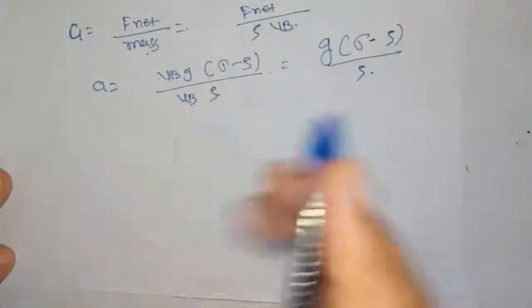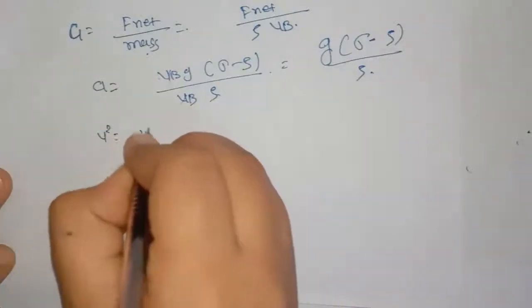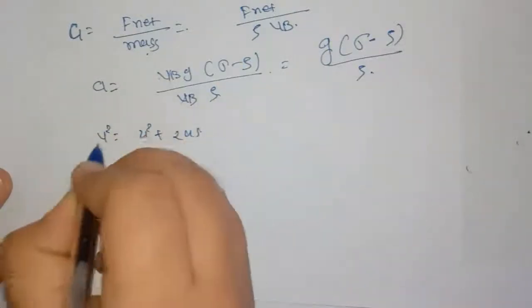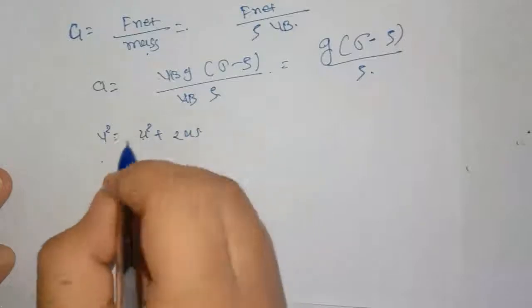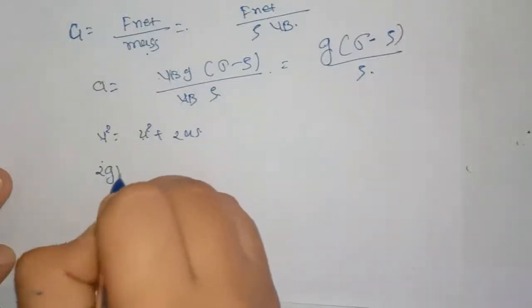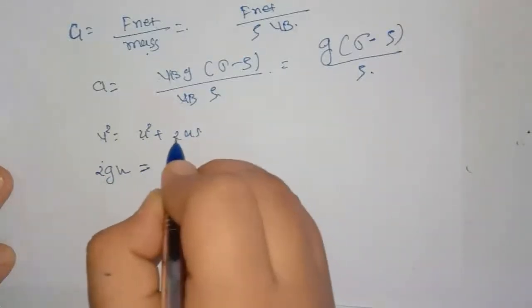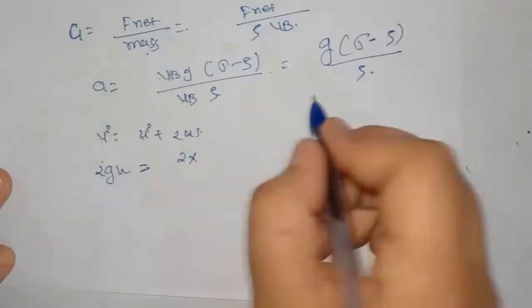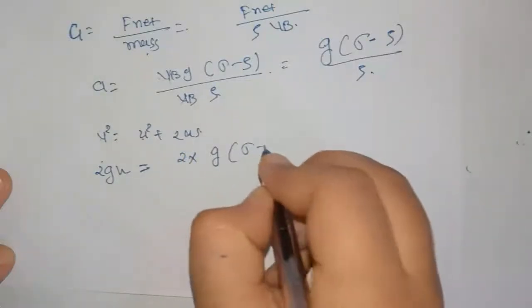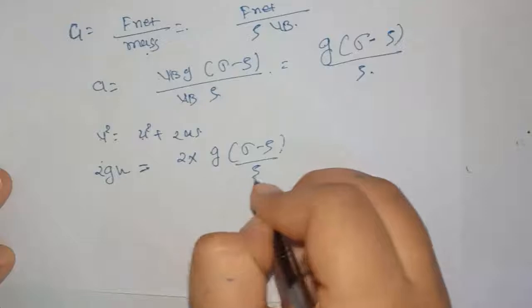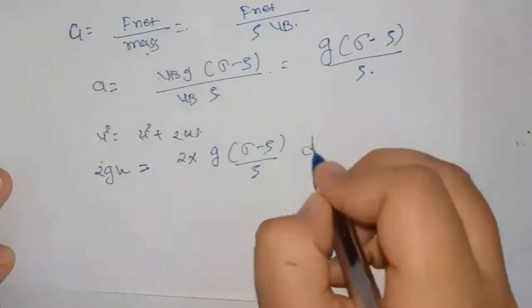So using the third equation of motion, v square is equal to u square plus 2as. V is 0. U square will be v1 square, that is 2gh, is equal to 2 into acceleration, which is g into sigma minus rho divided by rho, and the maximum depth is d.